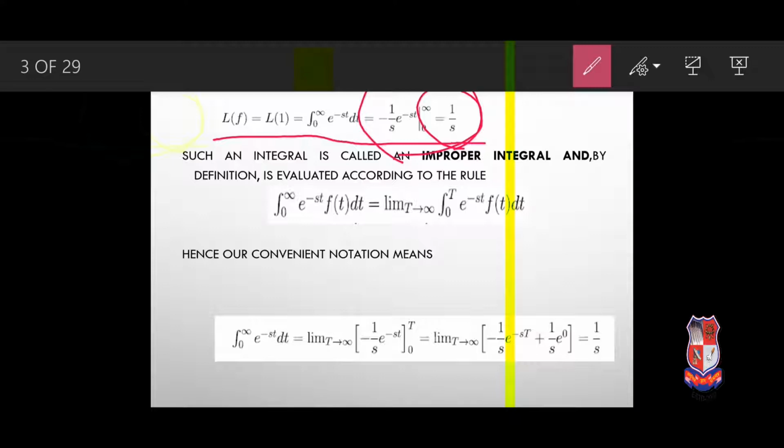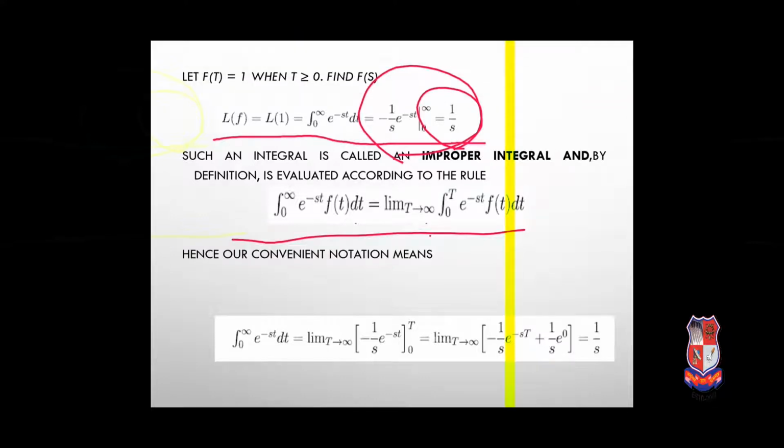By that improper integral rule, integration 0 to infinity e raised to minus st f of t dt is equal to limit t tends to infinity integration 0 to t e raised to minus st f of t dt.